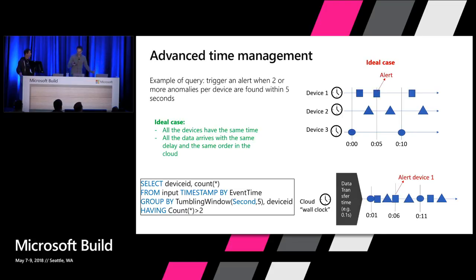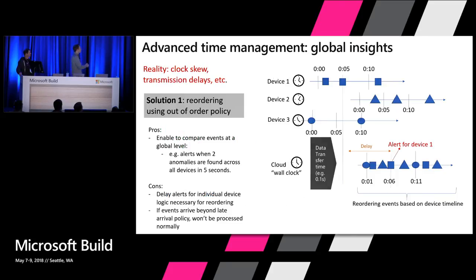Looks good, right? But then in the real case, we have clock skew. All the devices have different time. If you look here, device 1 and device 2 have more than 10 seconds difference. And also, you may even have transmission delays that are different between each device. So for simplicity, I will just show the different clocks here and not talk about the different delays to go to the cloud.